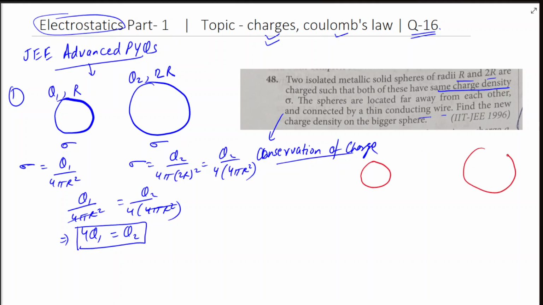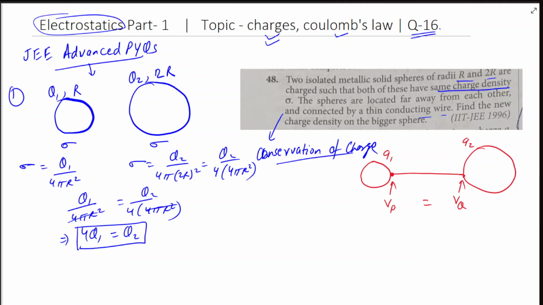Now the second thing given is that the spheres are located very far from each other. It doesn't matter, they are connected via a conducting wire. So charges will start to flow such that the potential at this point and the potential at this point should be equal. Let's say this one gets a charge q1 and this one gets a charge q2.